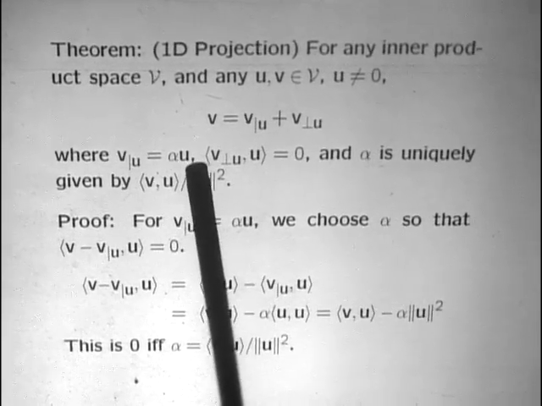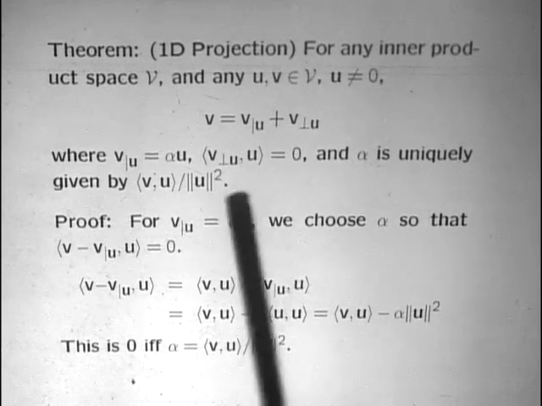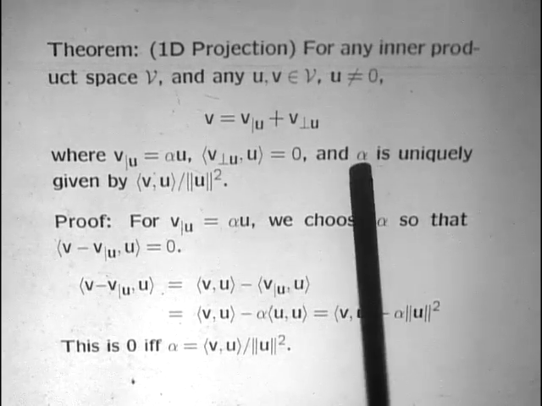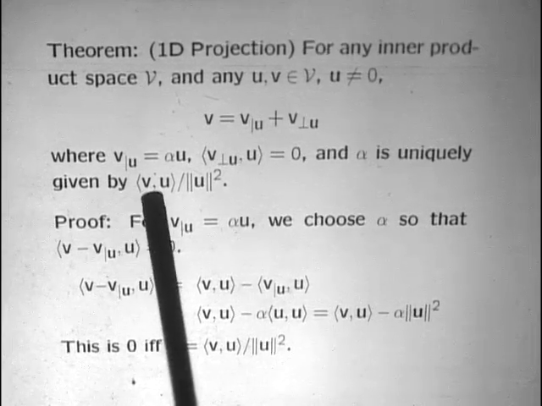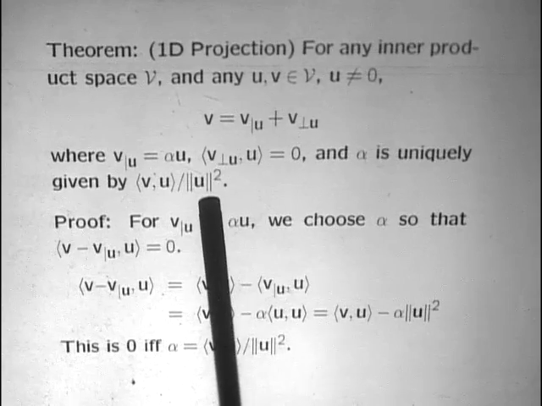That's what we mean by collinear. That's just a definition of collinear. And the other vector is orthogonal to u. And alpha is uniquely given by the inner product of v and u divided by the norm squared of u.